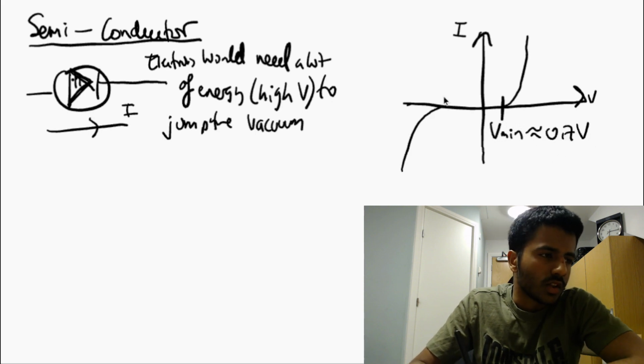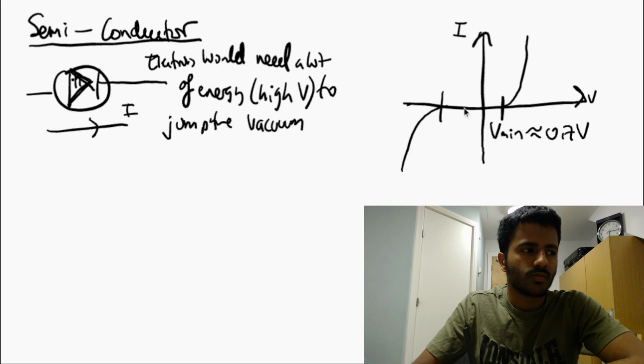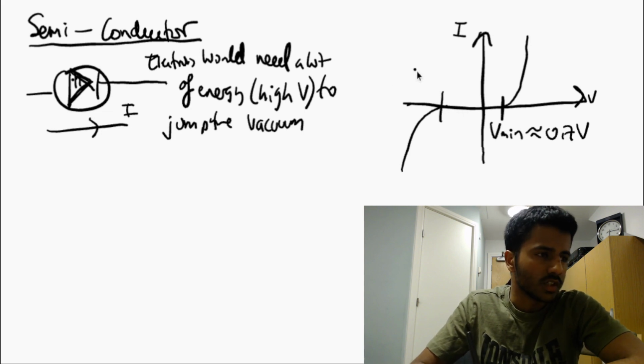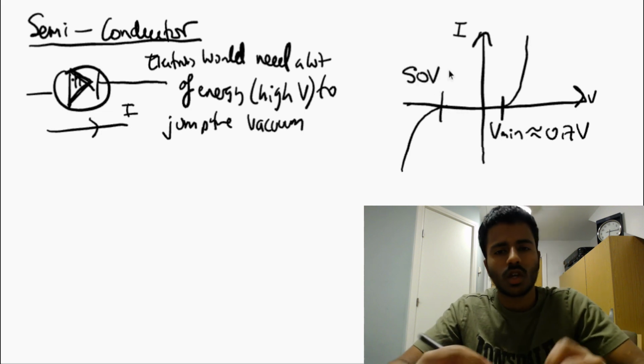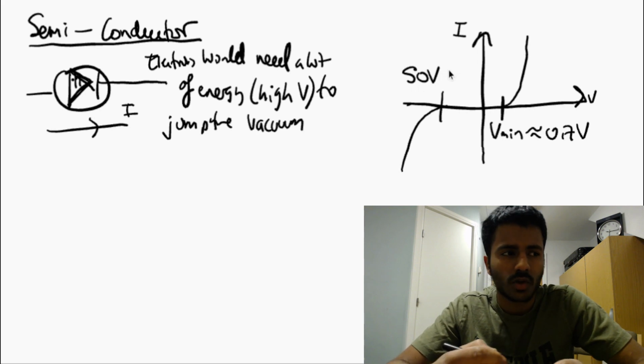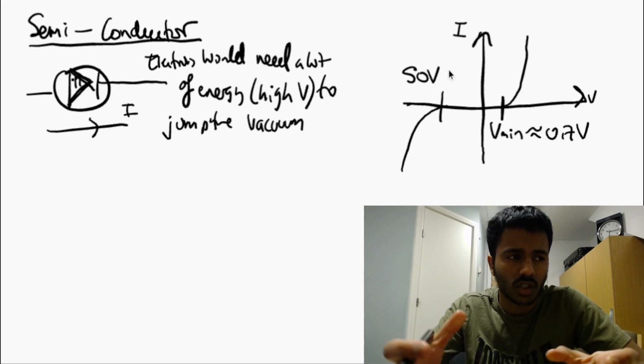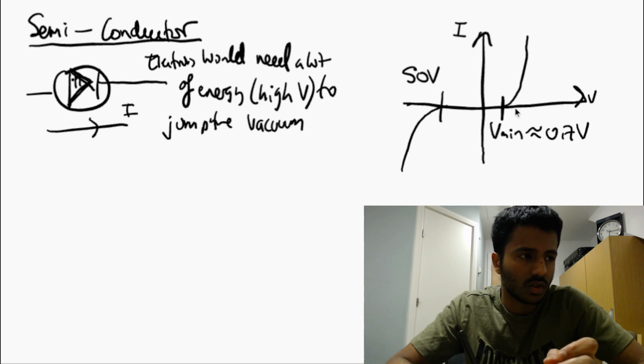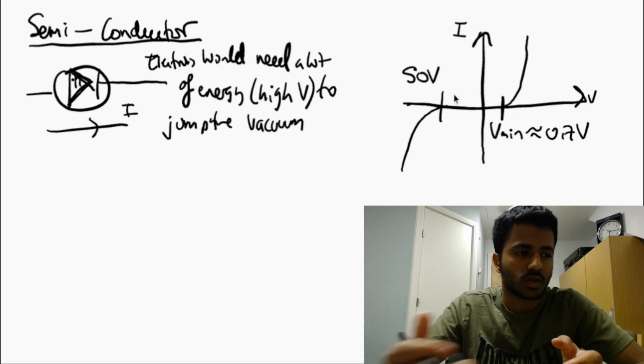You'll notice on the other side that it does actually let current through, but the voltage required for this is quite high, maybe around 50 volts. Might be worth having a look at what that voltage is, but you would need a very, very high voltage compared to the voltage on this side to allow electrons to flow through.